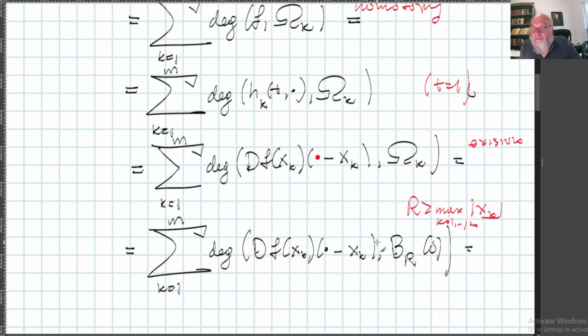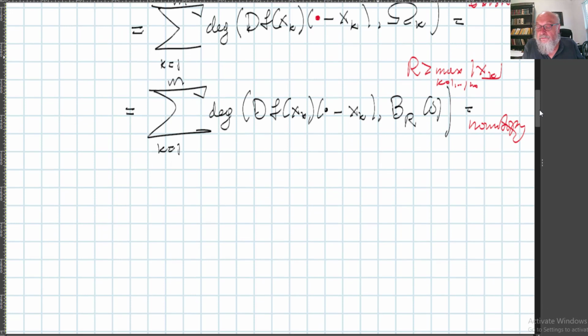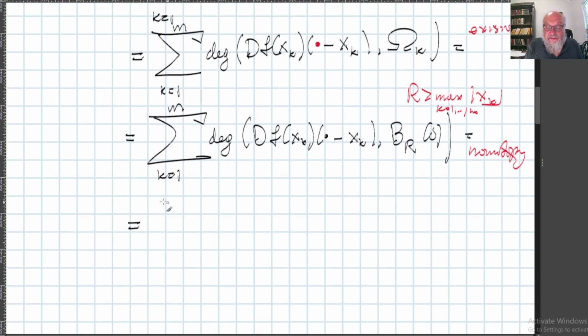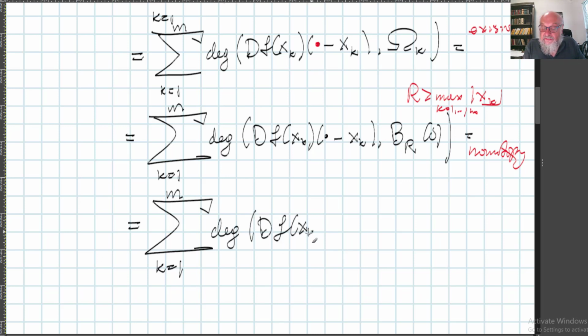Now, again by homotopy. So let's do the homotopy. And the homotopy looks like that. K is equal 1 to m, and this is the degree. df, this is xk, and now we put here x minus, and the homotopy will be defined. This is our t belongs to 0, 1, so it's here. I put here t. That's my homotopy.